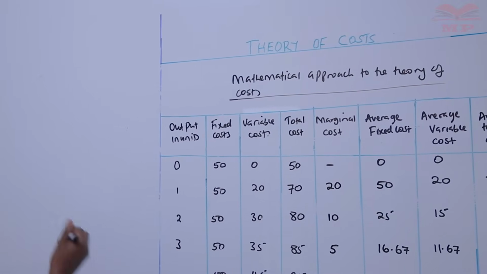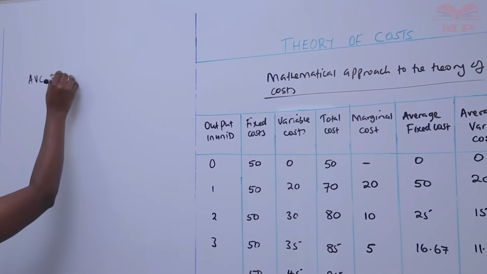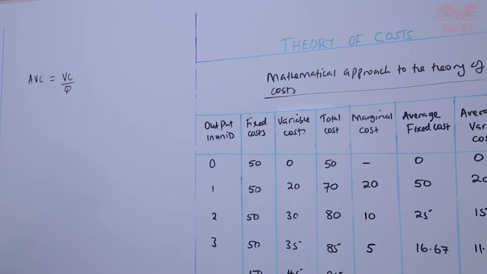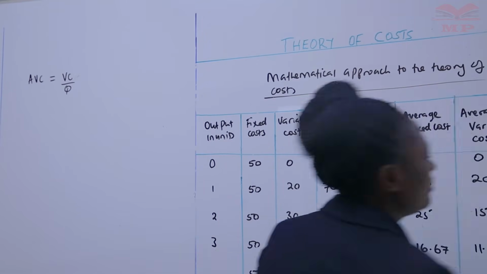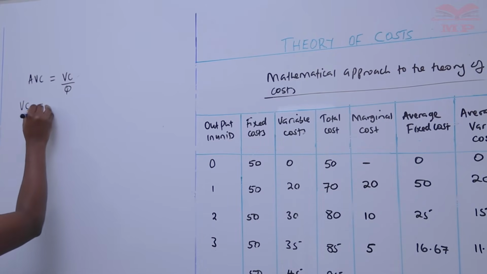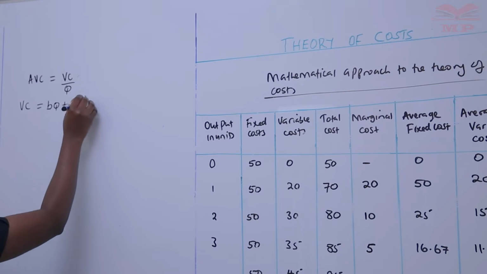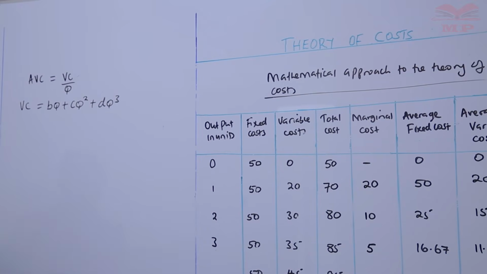Average variable cost. So we say that average variable cost equals variable cost over Q, where variable cost is simply referring to the total variable cost. So we are still using this function. We've said that our variable cost, VC, equals BQ plus CQ squared plus DQ cubed, and then we are told to calculate the average variable cost.